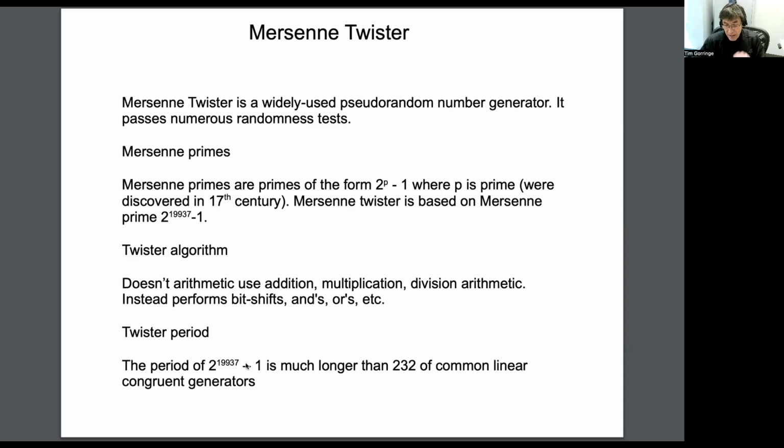And that particular number is what's used for the Mersenne twister. And it provides a period, a stream of random numbers that is much longer than we will get out of our random number generator.